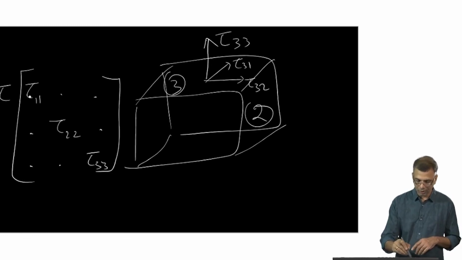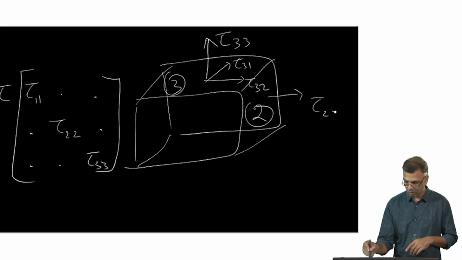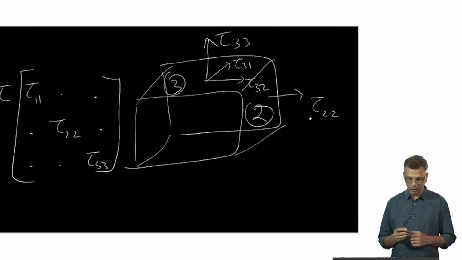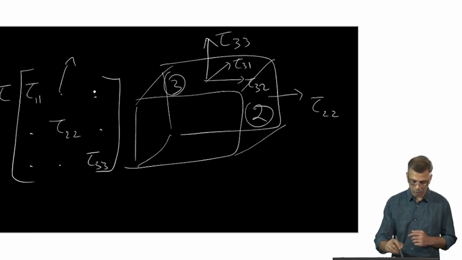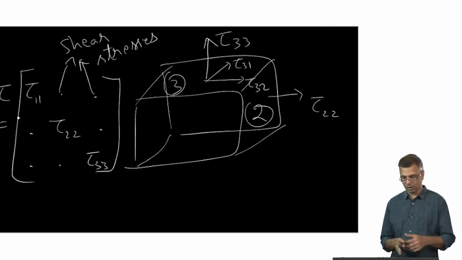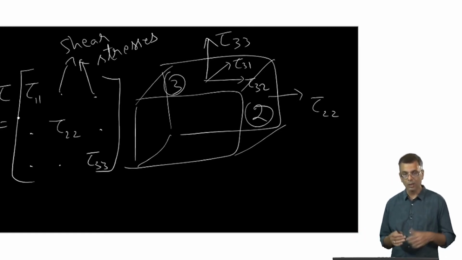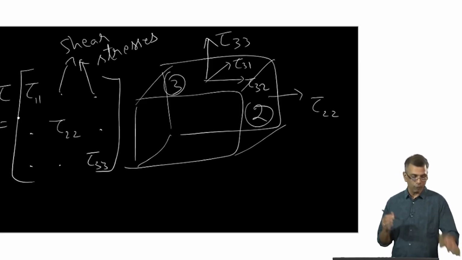The diagonal elements are what you normally think of as pressure, normal pressure, and the off-diagonal elements are all shear stresses. This description will be useful to keep in mind when we study the momentum equation, which is simply F equals ma for the fluid.